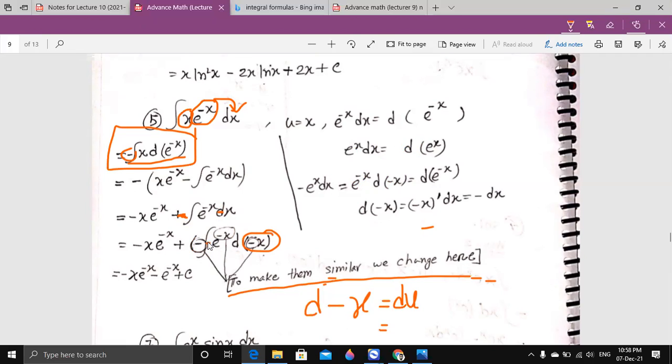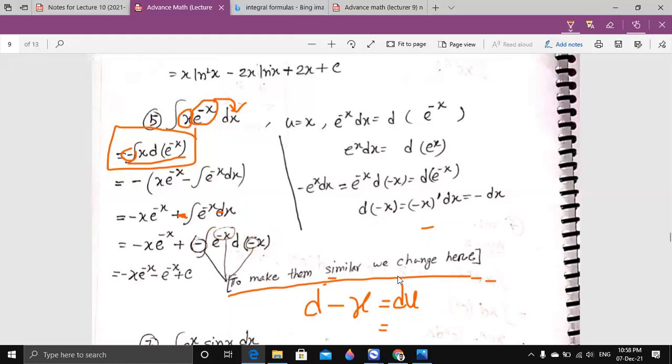So again, you can just take this minus 1 out of the integral sign, right? So this is the trick. In the integration of e to the power minus x d of minus x, the two variables are the same, right? So that's why we can write it this way.